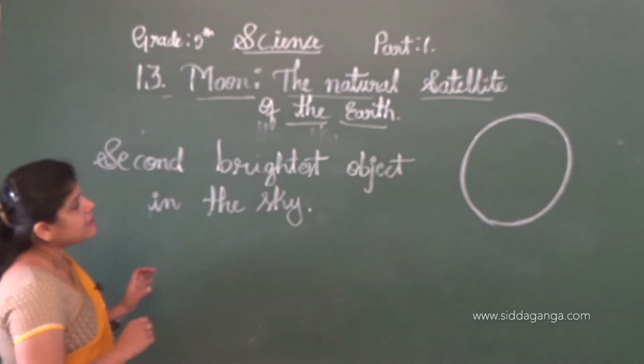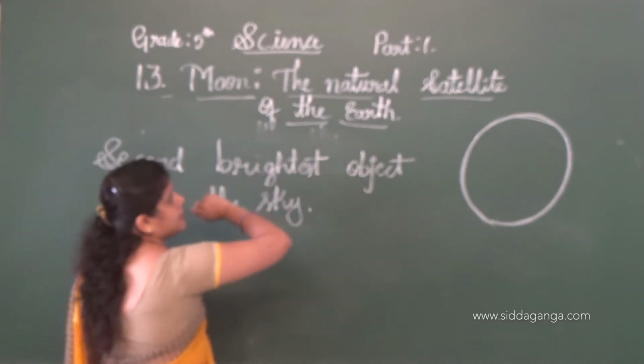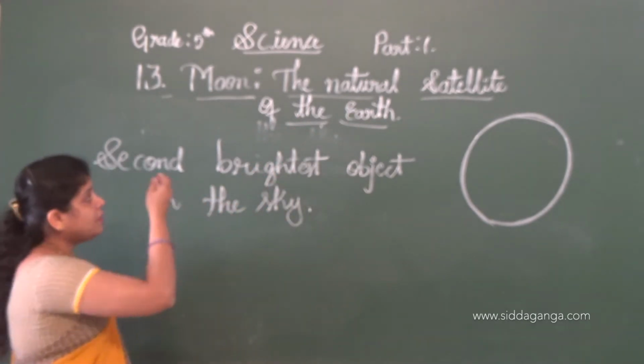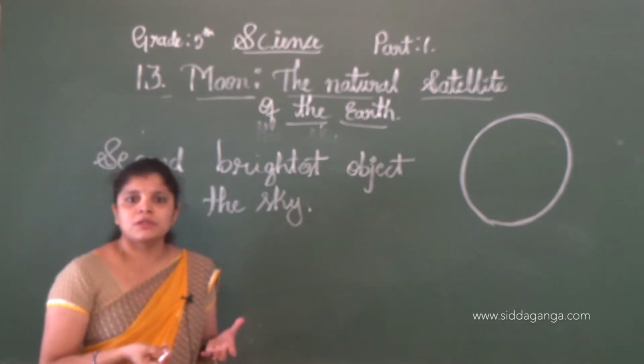Okay, the moon is the natural satellite of the earth. Our lesson name says, moon is the natural satellite of the earth. So, satellite means what?